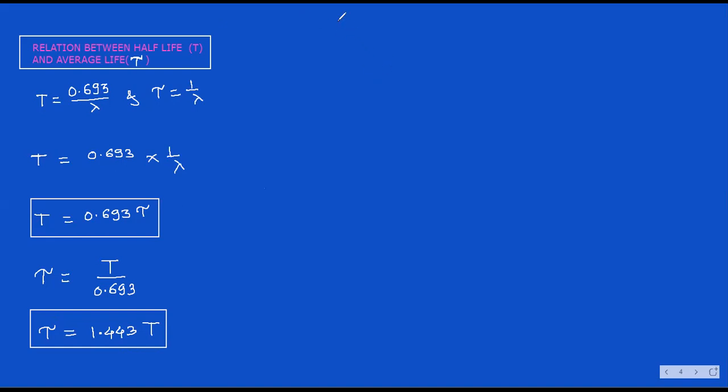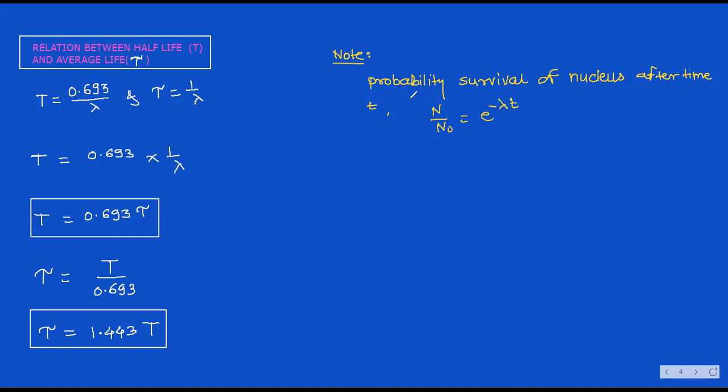One note point: probability of survival of nucleus after time t, n by n naught is equal to e power minus lambda t, which is equal to Ps.